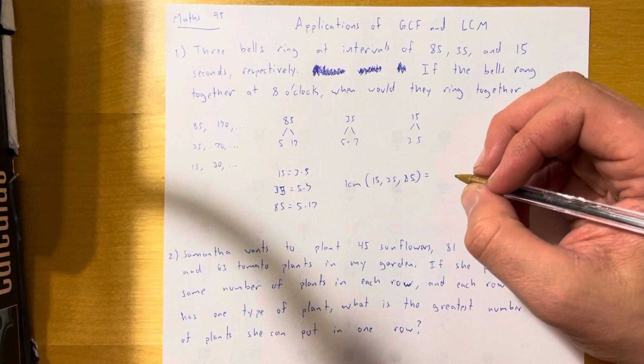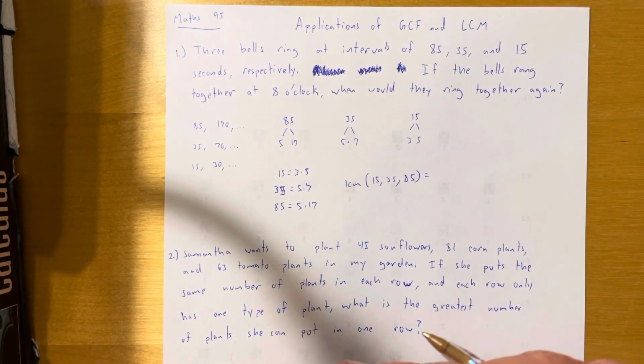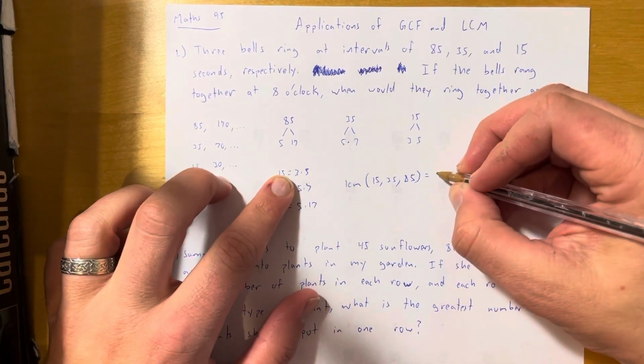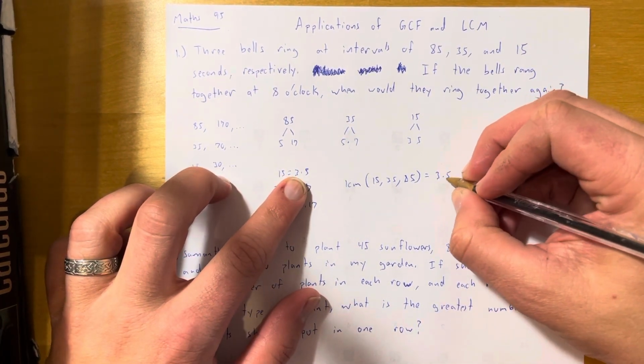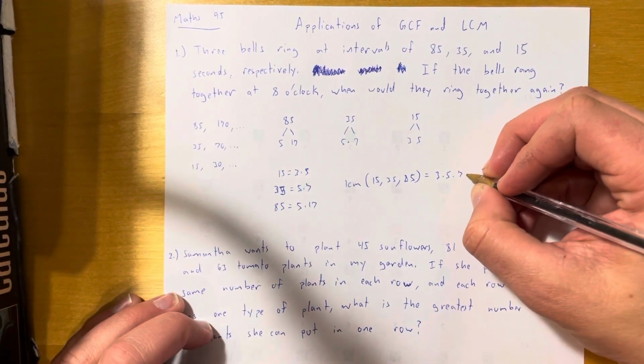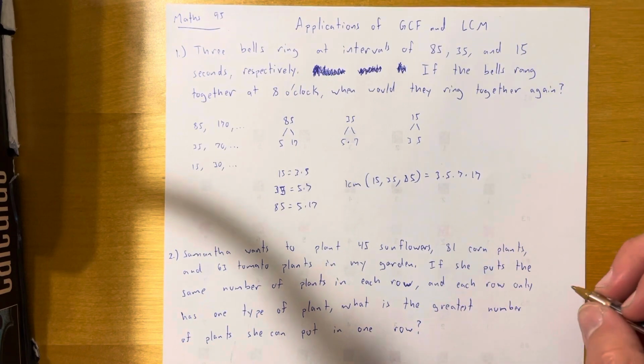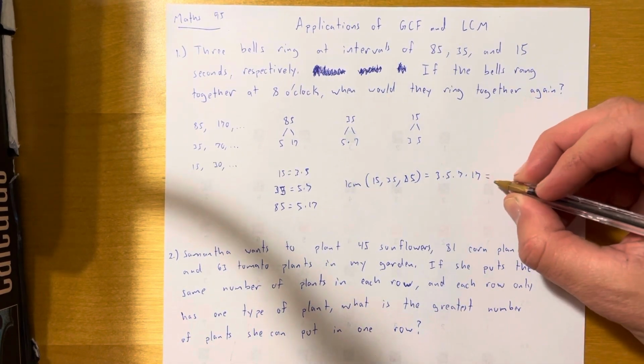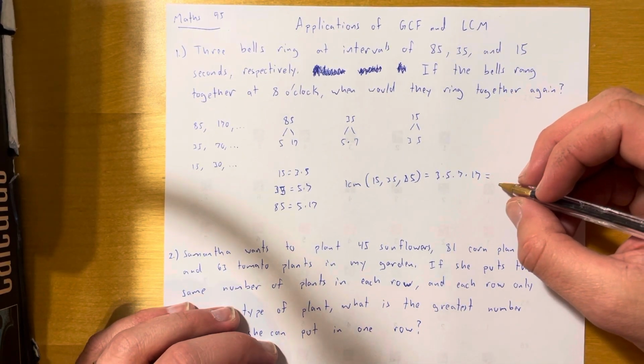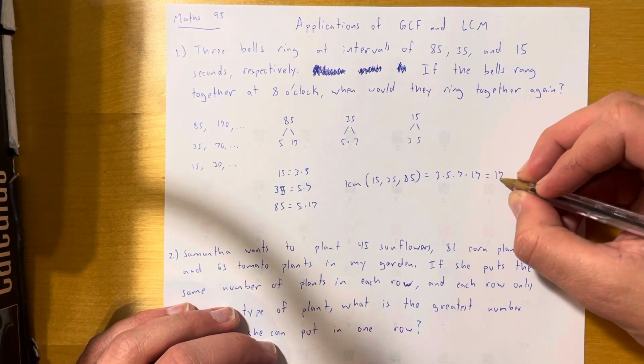Now, each of these primes only appears at most 1 time in each of these prime factorizations, so we're not going to be raising anything to a power higher than 1. But I do see a 3 appearing. I do see a 5. I see a 7. And I see a 17. So the LCM is going to be the product of those 4 prime numbers. This comes out to 1785.